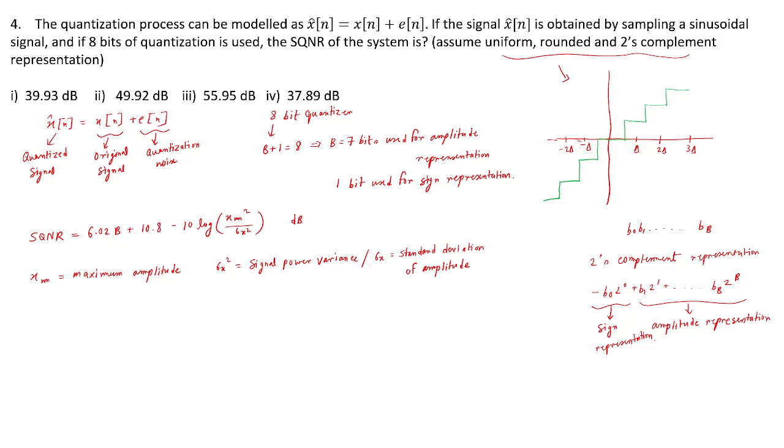So let me write it down. We need to find xm and sigma x for sinusoidal signal. That is really the challenge for us for this particular question, because these two things are unknown.